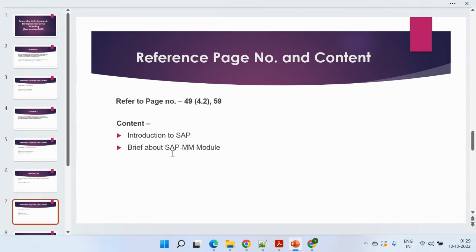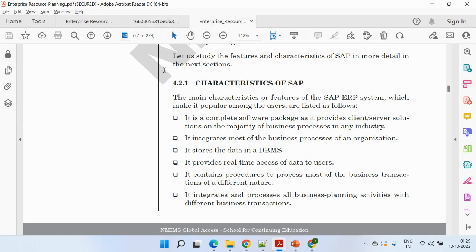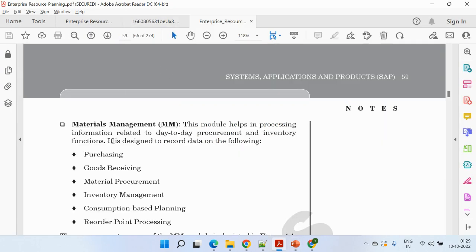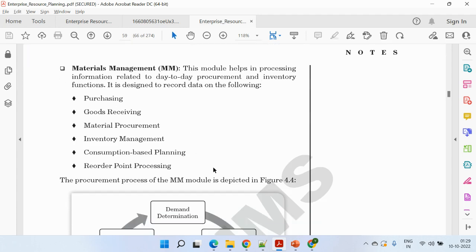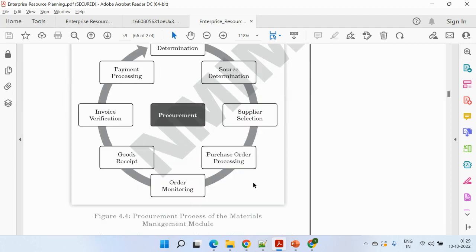Right, it's the SAP module. So going to page number 59, it's materials management. The module helps in the processing of related day-to-day procurement and inventory functions, which include purchasing, goods receiving, material procurement, inventory management, consumption based planning, reorder point processing. You can just draw this diagram.